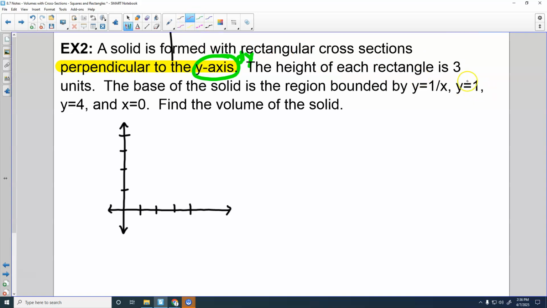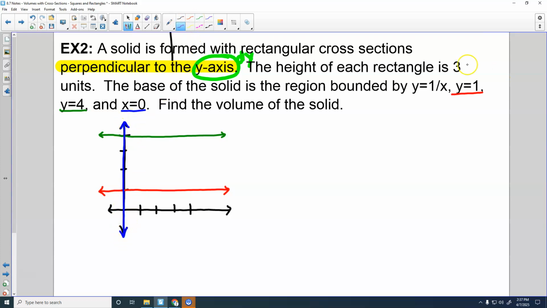So y equals 1, horizontal line at 1. Y equals 4 is a horizontal line at 4. X equals 0 is the y-axis right here.